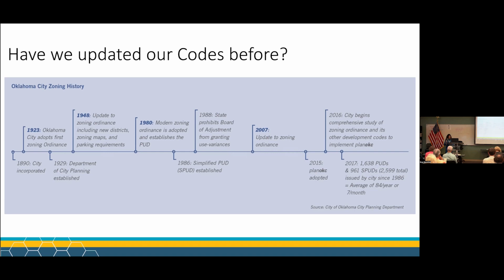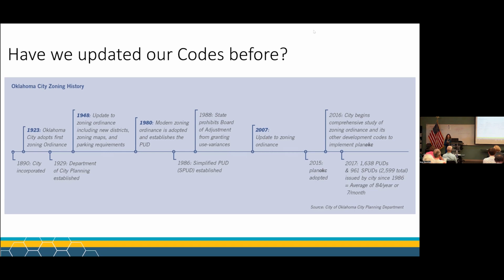And we then updated again in 1948 because we had this new thing called the car that we had to figure out where to park and how to park it and make sure everyone was safe. And then in 1980, like many cities across the country, there were new planning ideas abounding, and many cities updated their zoning ordinances, and many ordinances around the country that you find are basically from the 1980s.